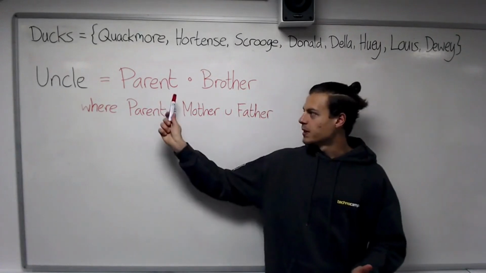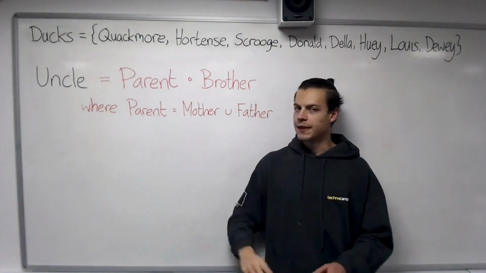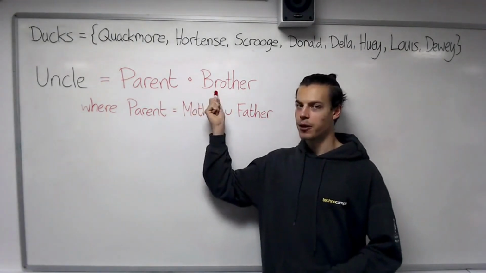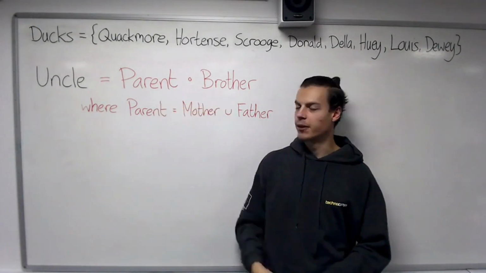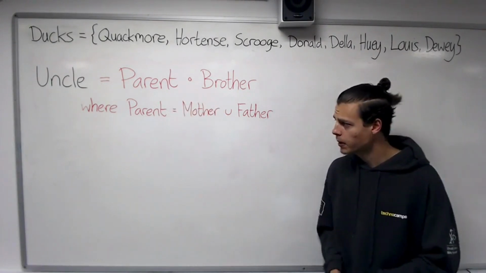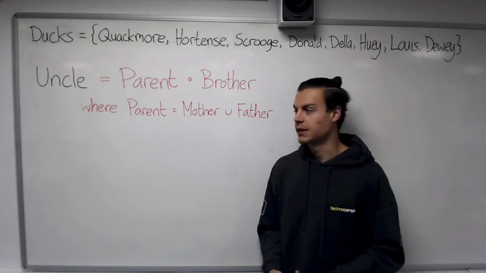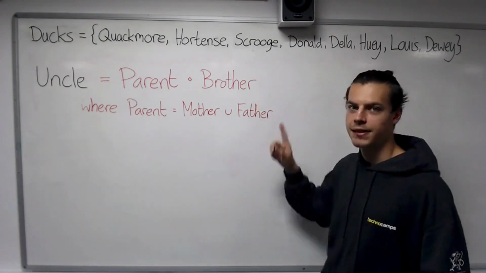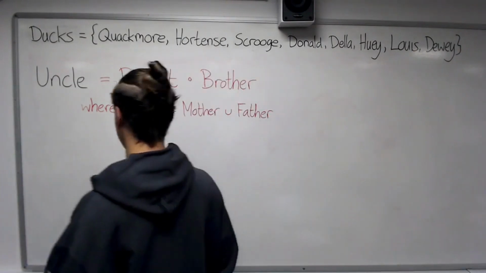Now it's very important to get the order of this composition right. Okay? We must apply the brother relation first and then parent, right? Since an uncle is the brother of a parent. Let's look at an example to highlight this. So we know that Scrooge is the uncle of Donald, right?